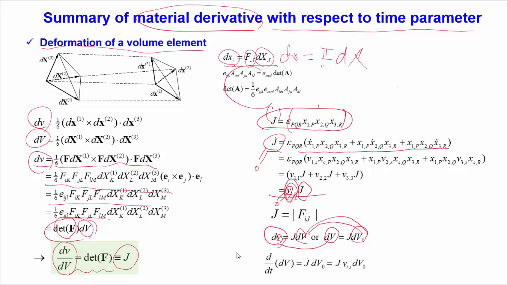That is, the small v here and the small v here stand for volume and velocity respectively up to now. Applying the material derivative with respect to time on both sides of this equation, we can obtain the material derivative of the volume element with respect to the time parameter like this, because dV0 is fixed.